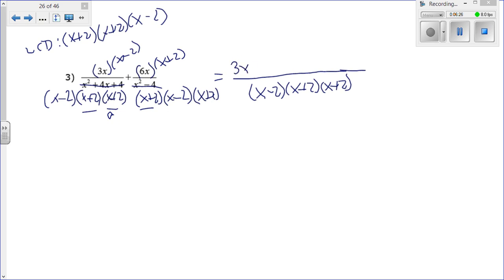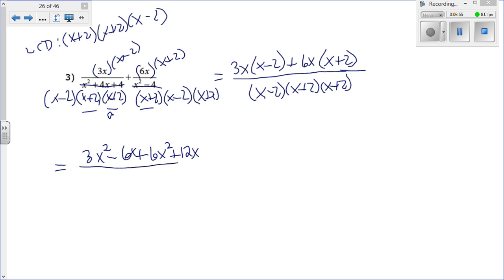So I will have 3x and then x minus 2 plus 6x and x plus 2. So when I distribute, I have 3x squared minus 6x plus 6x squared plus 12x all over x minus 2, x plus 2, x plus 2.